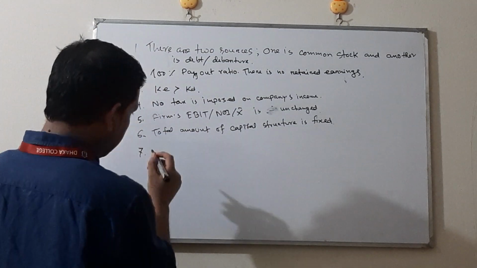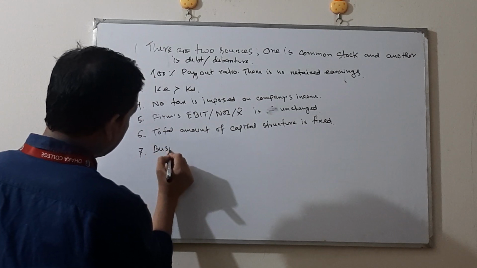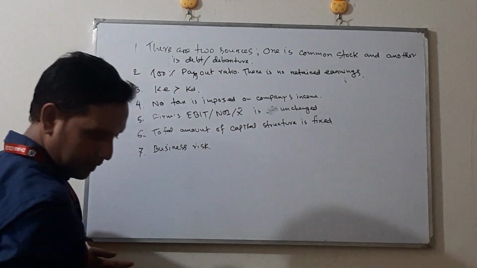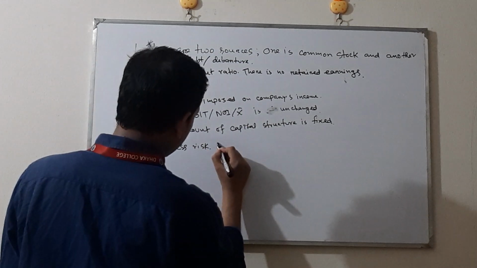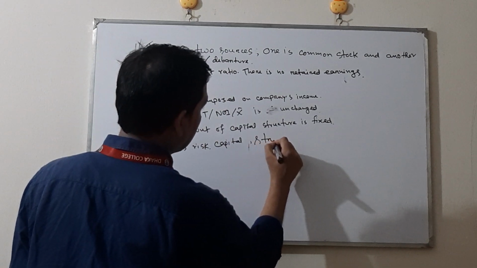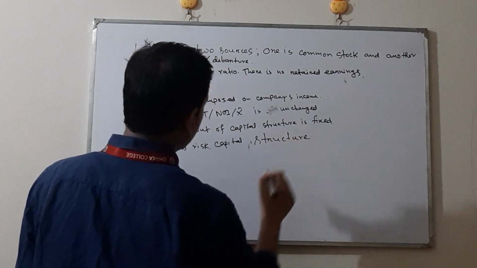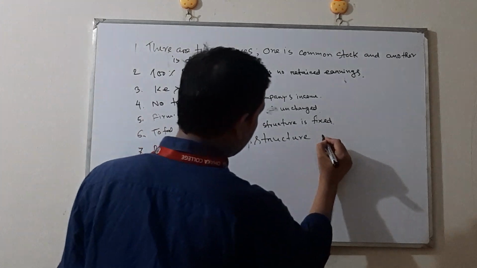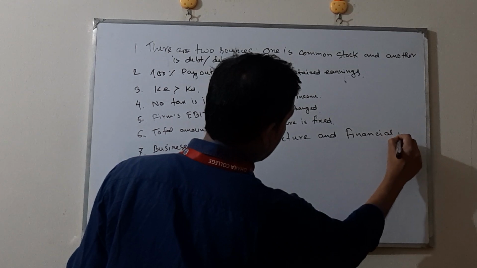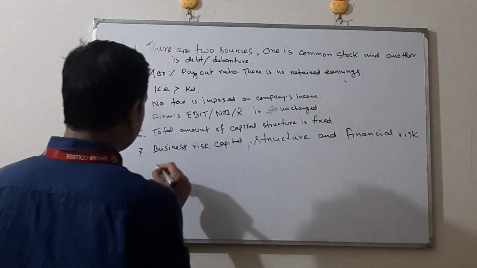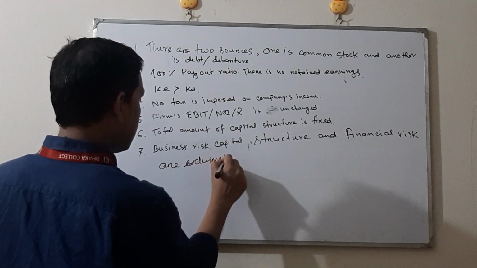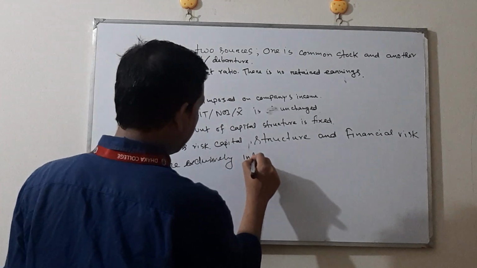Seven, business risk, capital structure and financial risk are exclusively independent.